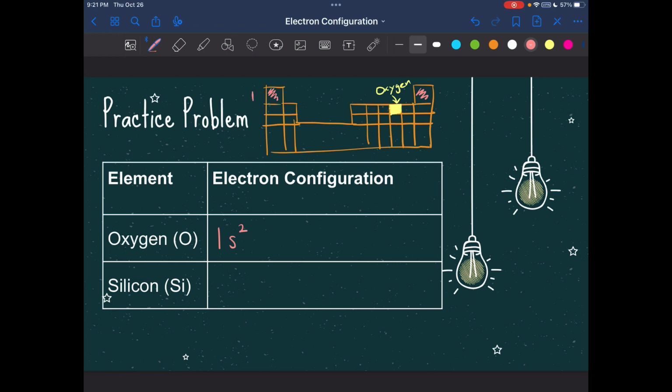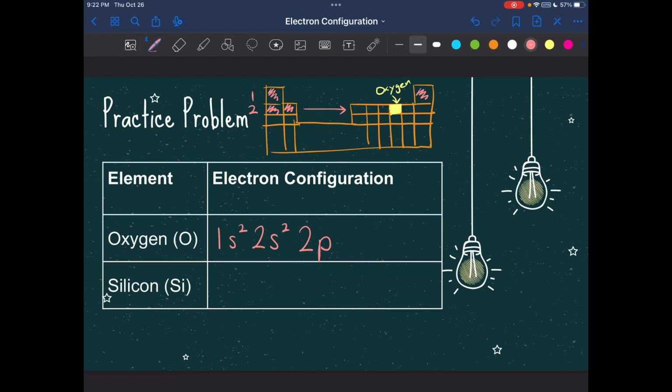Now that we're done with the first row, let us move on to the second row. Now for the second row, which alphabet are we starting with? Well, it's the S. And how many do we have? 1, 2. After that, we're still going to continue on with the second row, but with the new sublevel, which is the P sublevel.